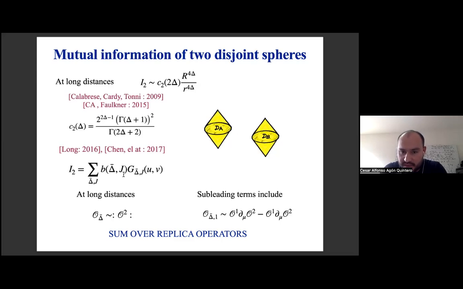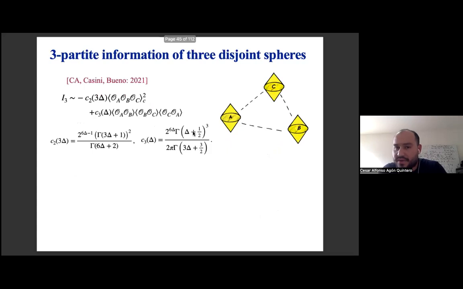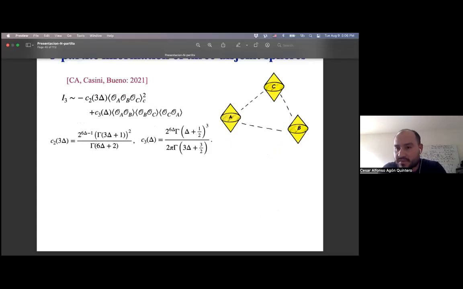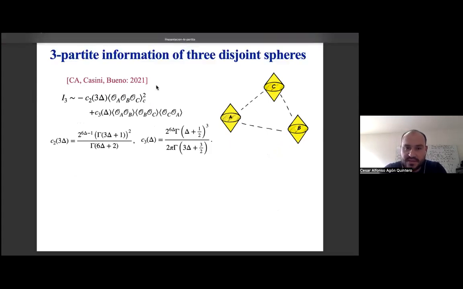So actually being able to extract all the CFT data from just the mutual information of 2 spheres, for instance, disjoint spheres. But in principle, this hasn't been proved, so maybe you need to take more than 2 spheres, and for that, the N-partite information might be of interest to complete the program. Let's say if that inversion is not possible.